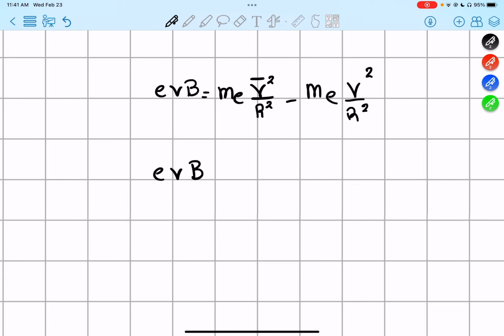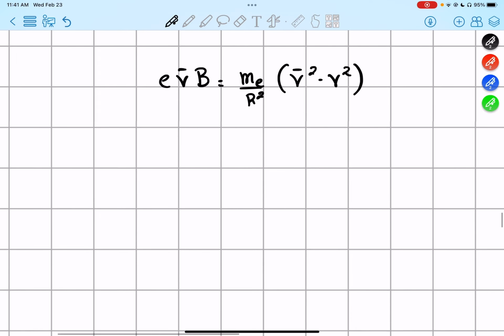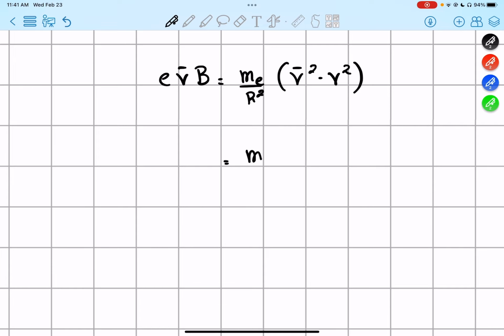Oh, sorry, this one, of course, changes to V line is equal to, well, we can factor out the ME over R squared, equal to the V line squared minus V squared. Or if you remember the product rules, ME over R squared times V line plus V times V line minus V.